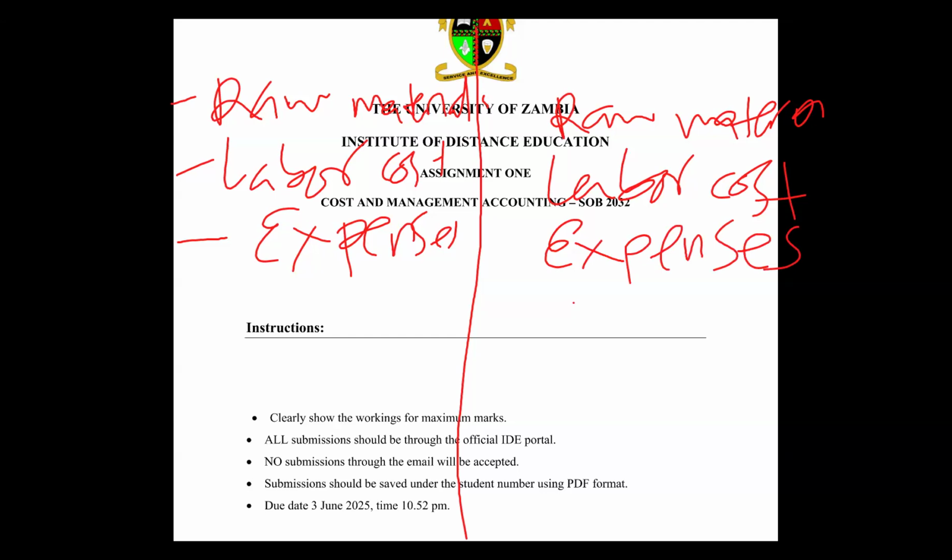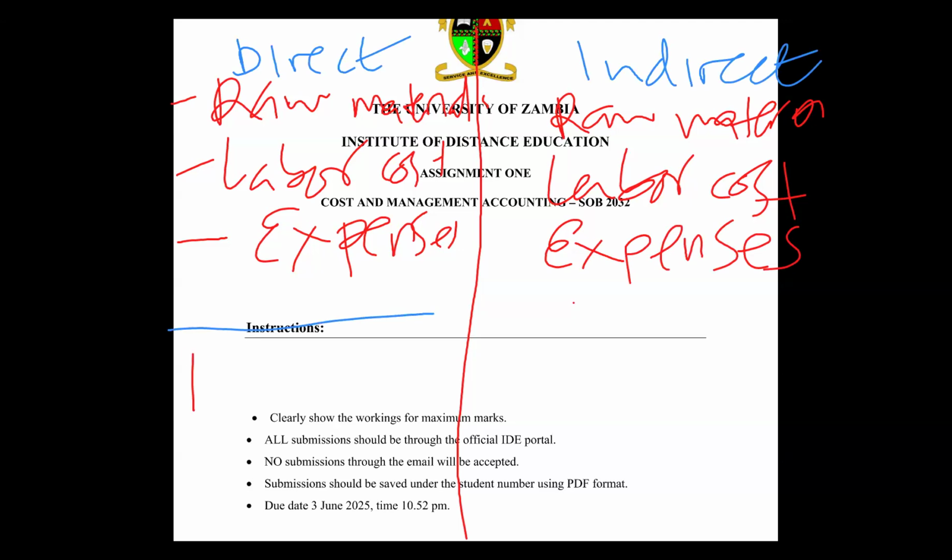What is interesting to take home is that the same is divided into indirect and direct costs. So there are what we call direct costs and indirect costs. We can have direct material costs, direct labor costs, and direct expenses. Consolidated, they give us what we call the prime costs.